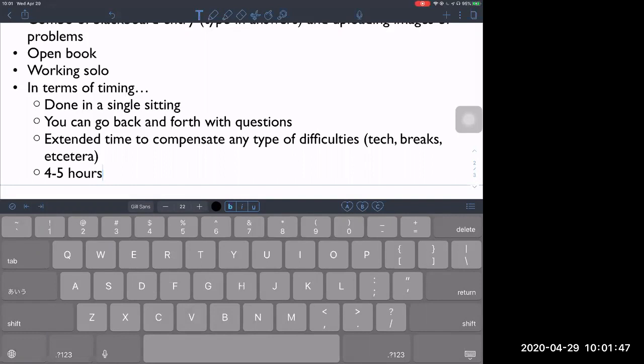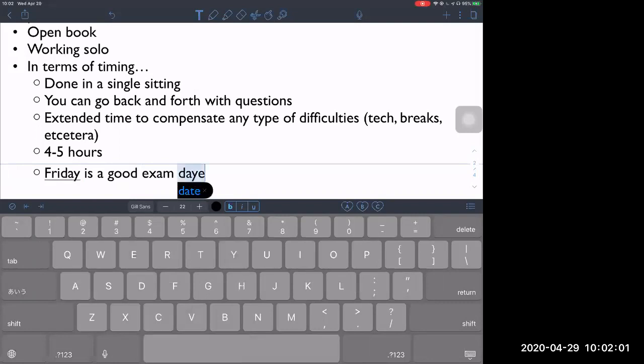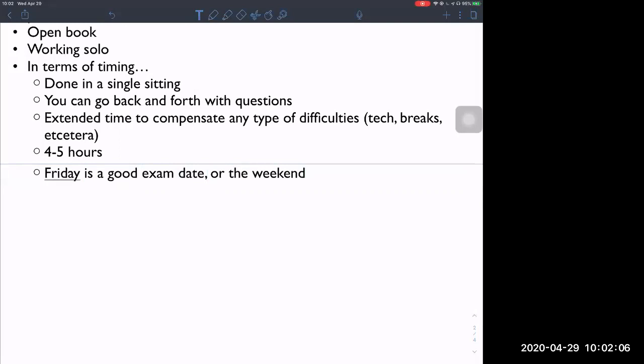That's one example. Another example is that for our class specifically, Friday is a good exam date, or the weekend, right? So block out time on the weekend or Friday, depending on your classes or whatnot, and just do it. But basically, also, depending on how your finals are going to be administered, right?